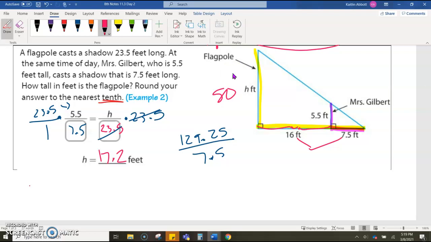It would not make sense because if this person is 5.5 feet tall and her shadow is a little bit bigger, that means our pole should have a shadow that's a little bit bigger than how tall the pole is. So remember our shadow is 23.5 feet. So our pole should not be bigger than 23.5. So you know you did this correct if our flagpole number is lower than the shadow.